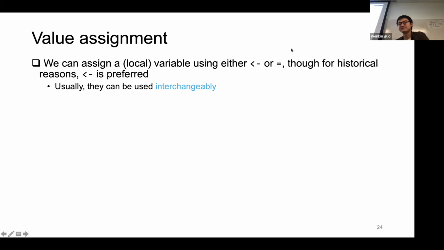My preference is using the equal symbol because I feel it's more natural, and on the other hand, I program in Python, so I'm very familiar with just one symbol. But this is just something you can know. And if you see some symbol like this, you realize it's just an assignment symbol.